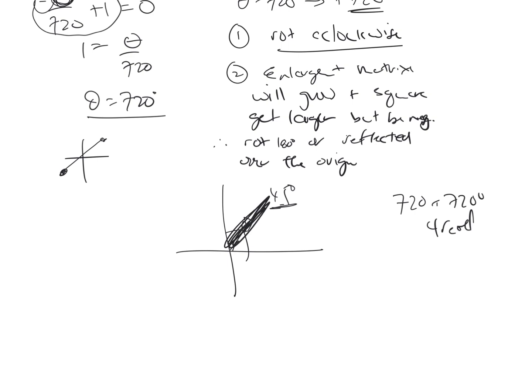However, what happens then is it's been reflected about the origin, so it ends up actually being over in the third quadrant. And so it ends up fully reflected over the origin, in the third quadrant. That is a big long question. I hope that helps.